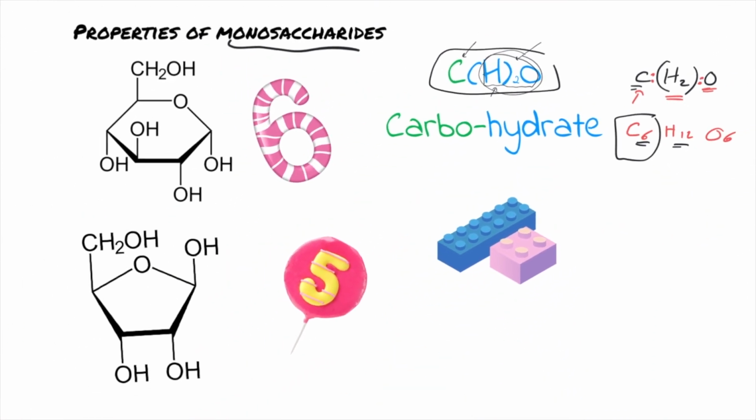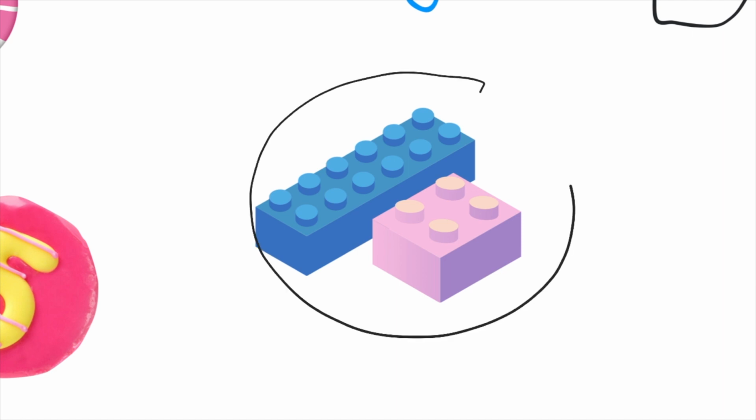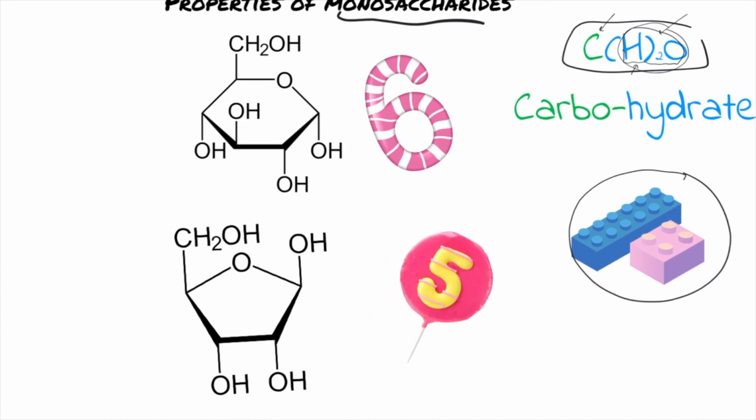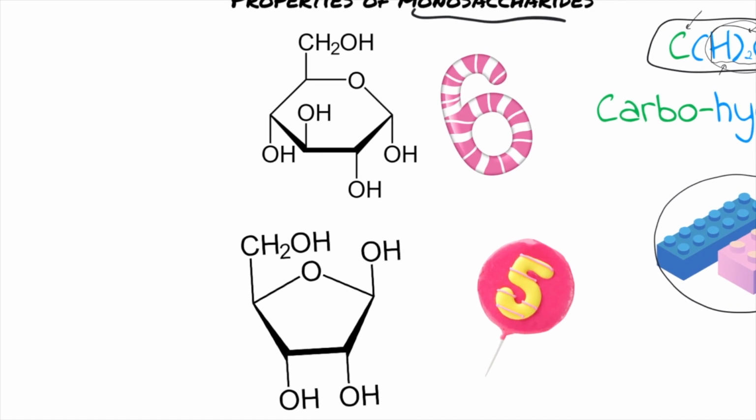What's special about monosaccharides is that they are the building blocks for disaccharides and polysaccharides. So to make starch, you need glucose. To make sucrose, you also need glucose. So this is another property of monosaccharides. Monosaccharides themselves can be classified into two groups.